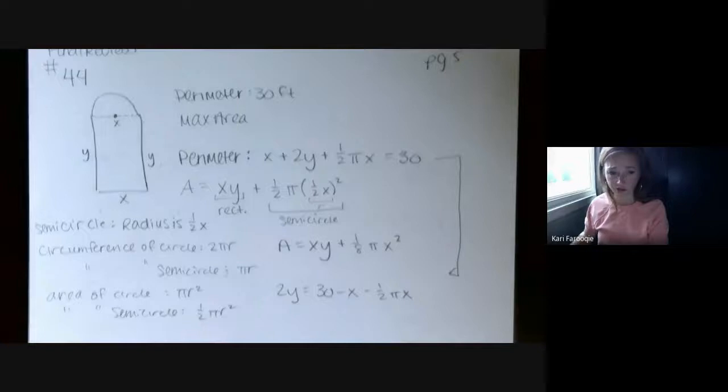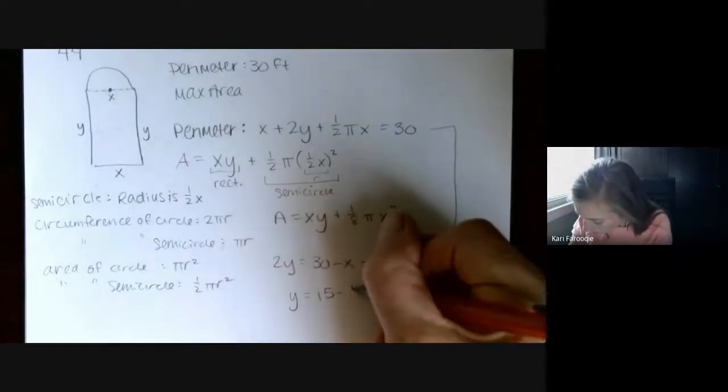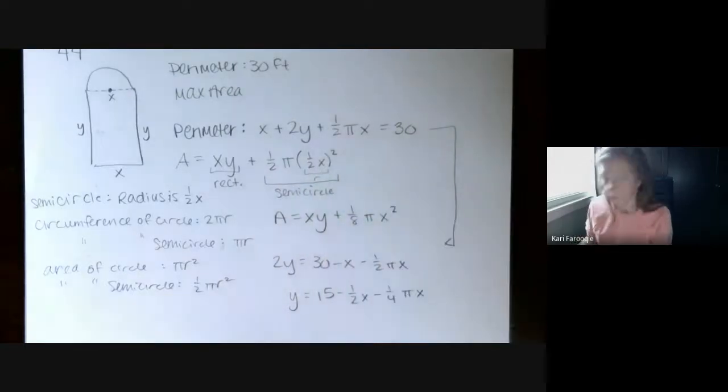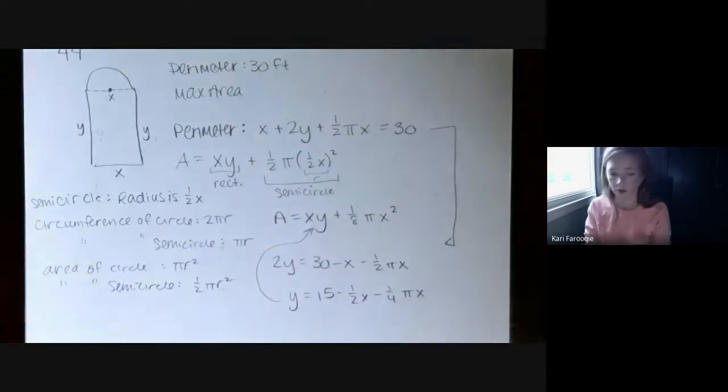And then just y by itself, you're going to divide every term by 2. And you'll get 15 minus 1/2 x minus 1/4 pi x. And then we're going to plug that in for y in your area equation.